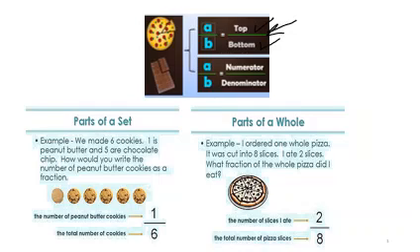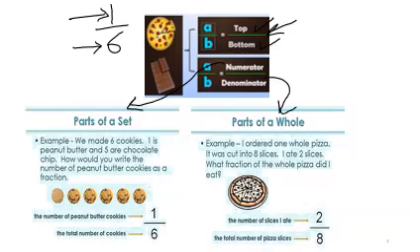So 1 is the numerator, which is the top number, and 6 is the denominator, which is the bottom number. The numerator represents a part of a set, and the denominator represents the whole parts.